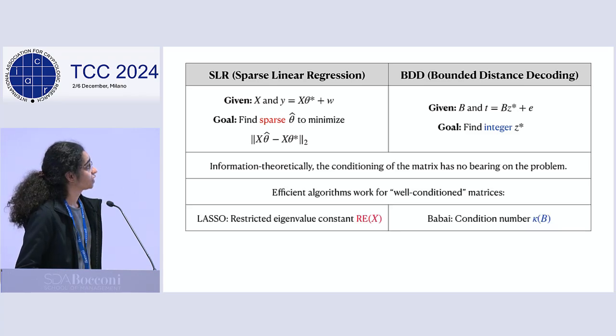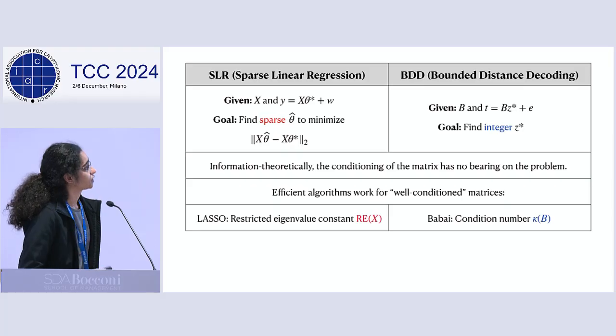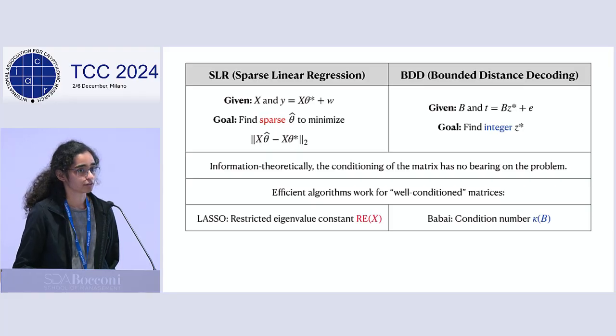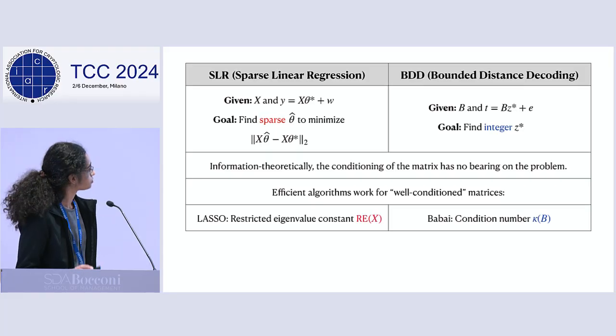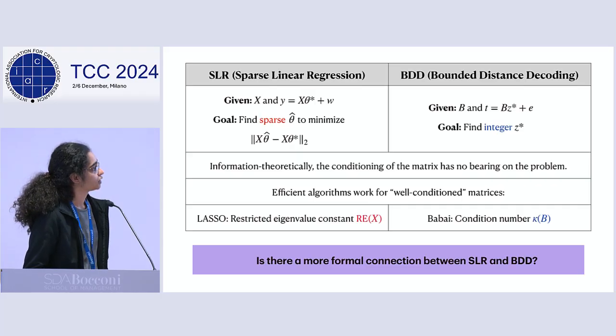But computationally, the only efficient algorithms we know work well only for well-conditioned matrices. In the context of SLR, that's the restricted eigenvalue constant. And in the context of BDD, that's the condition number of the basis.